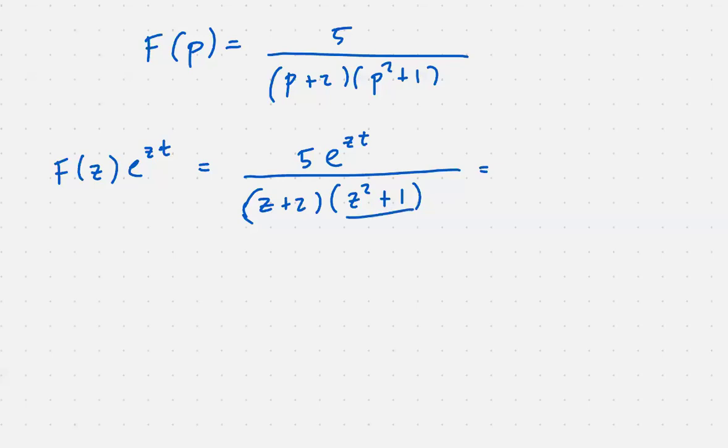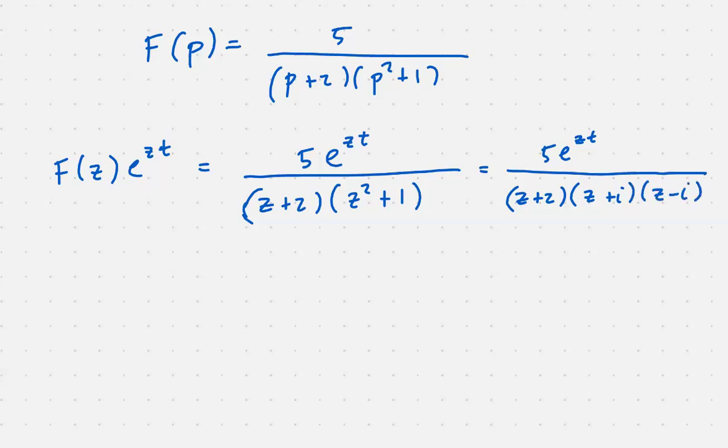So we have z plus 2, and factoring this, we're going to have z plus i times z minus i. Don't be confused. We are now allowed to factor this because we are now dealing with complex numbers. Previously, you might say that this does not have any factor. Of course, if you are talking about real numbers, then you're right. But we are now dealing with complex numbers, so factorization this way is allowed.